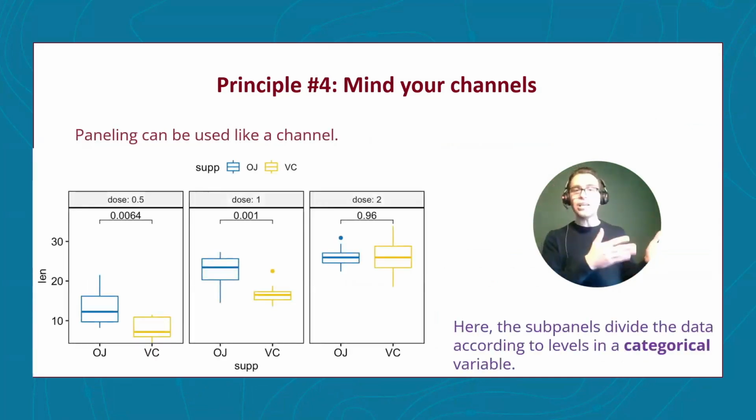So you can divide one graph into subpanels, each showing a subset of the data that would otherwise have been in a single graph. When you do this, you are effectively using panel or panel position as a visual channel to communicate information. This is called faceting in ggplot and R, and it can be a really effective way to reduce cognitive load in your graphs.